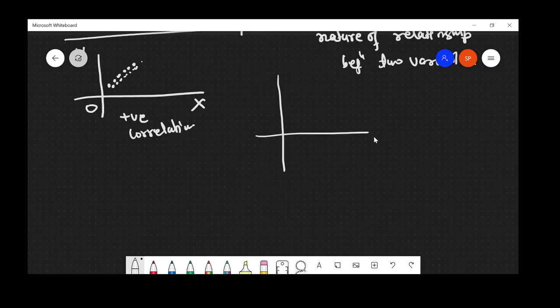Now here we draw the x-axis and y-axis. Here in this case, this represents the negative correlation.